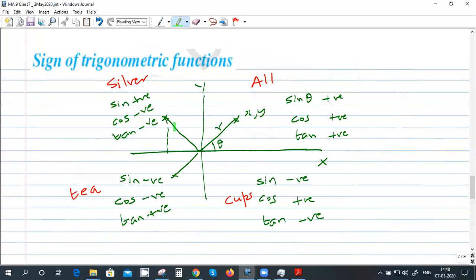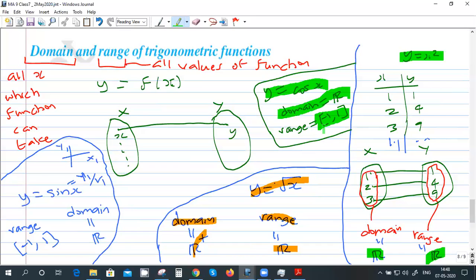It can go negative, like you have seen here, right? Cos will be negative here, so it can go to negative. Here it will be -1 on this axis. So the range is this one. Similarly, we can find the range for sin x, tan x also. Sin x, again the same thing. Domain is R. The range is -1 to +1.